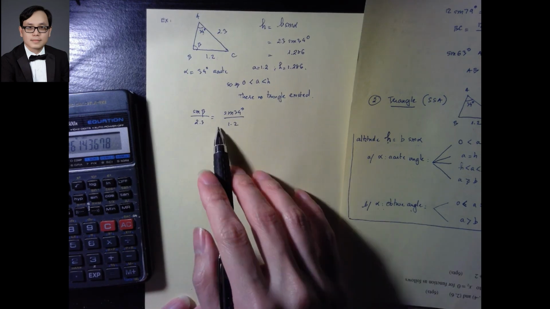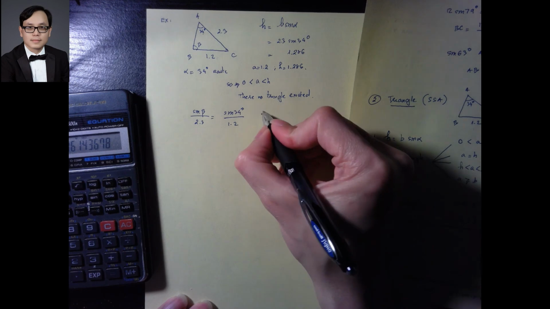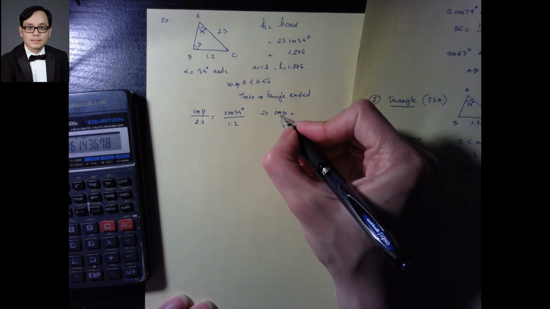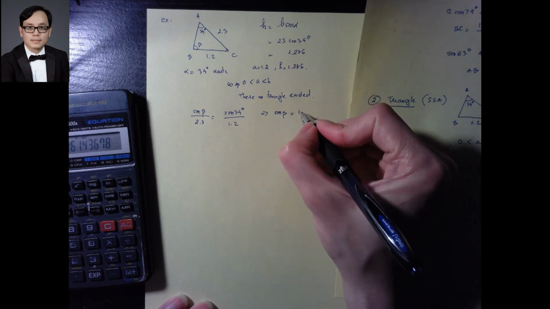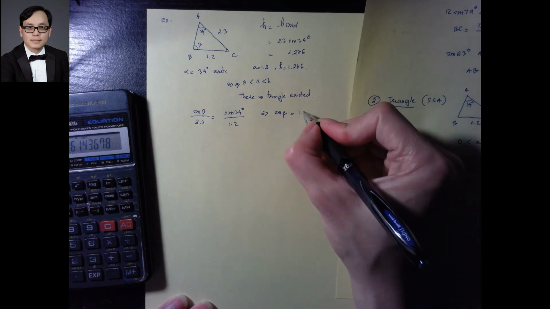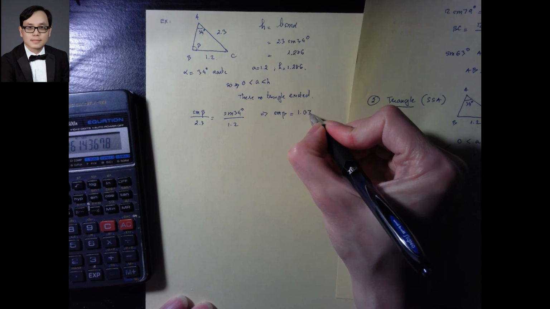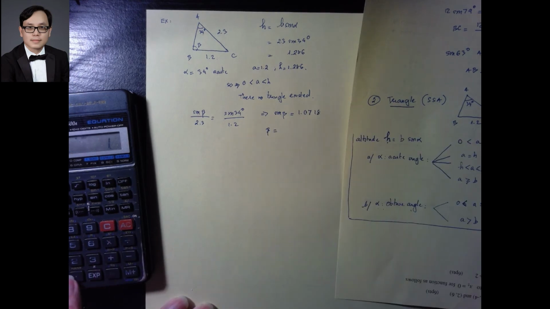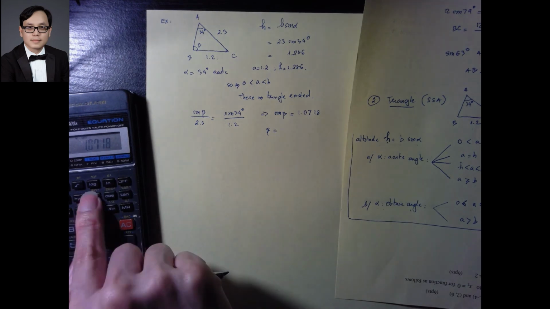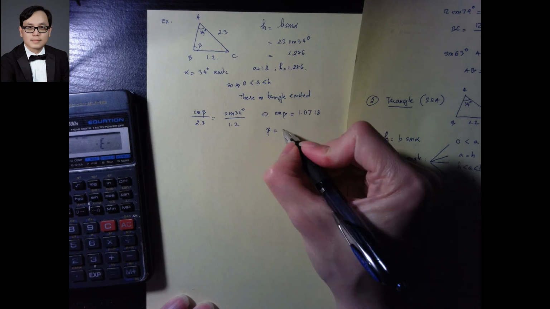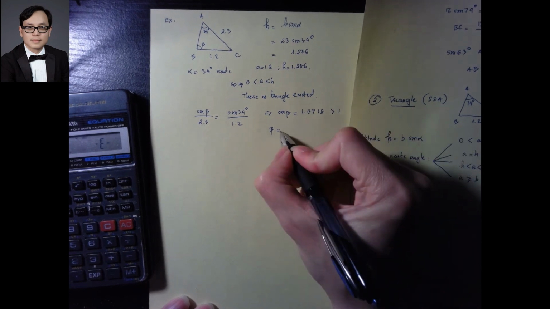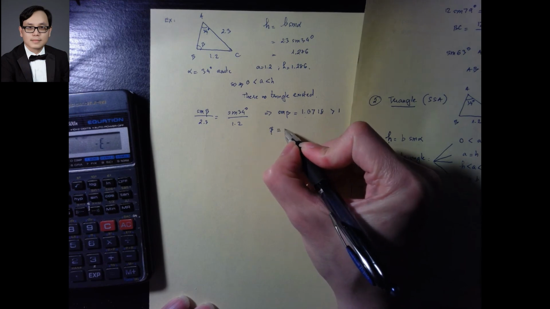I apply the law of sine here, and you can find beta easily, which is 1.0718. Then for beta you take the inverse of that. You see that? It doesn't work, right? Because the sine is greater than 1.